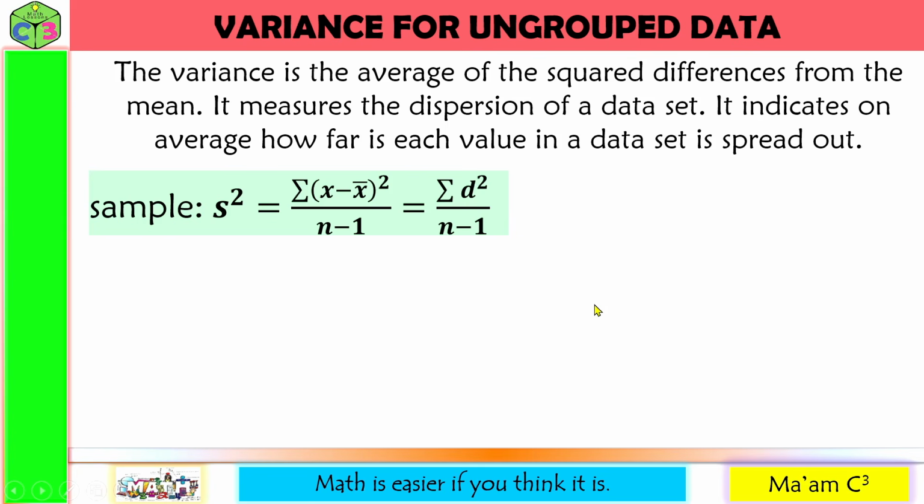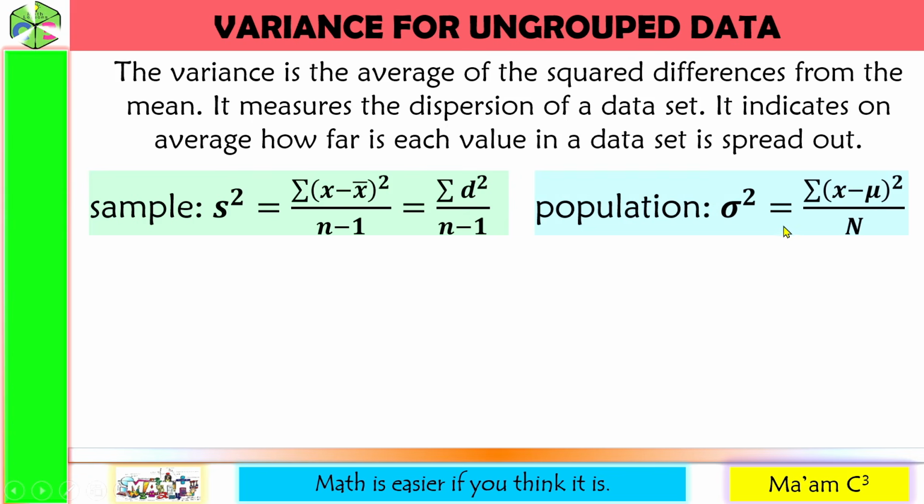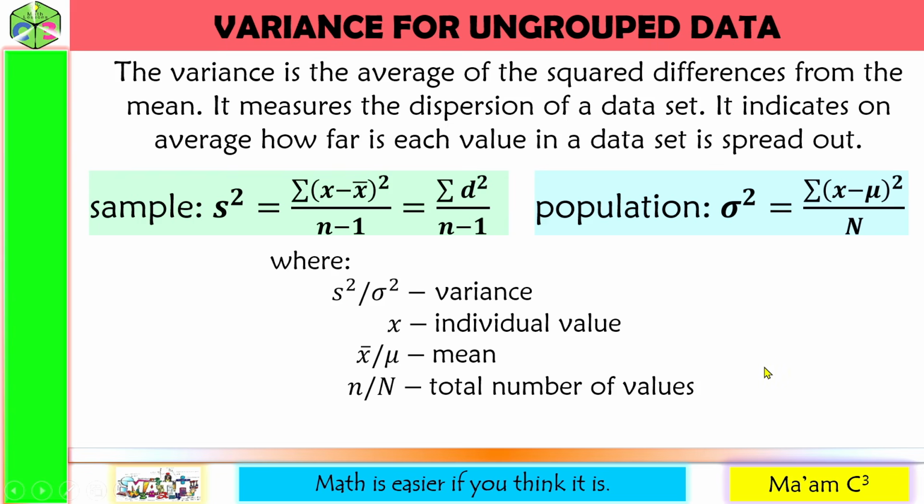For the population variance, we have sigma squared is equal to the summation of the square of x minus mu all over capital N, where S squared and sigma squared are the variance, x again is the individual score, x bar and mu are the mean of the sample and the population respectively, and n and capital N are the total number of values for the sample and the population respectively.